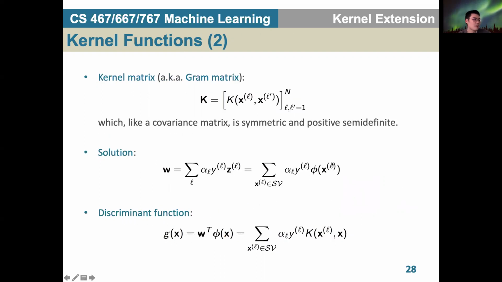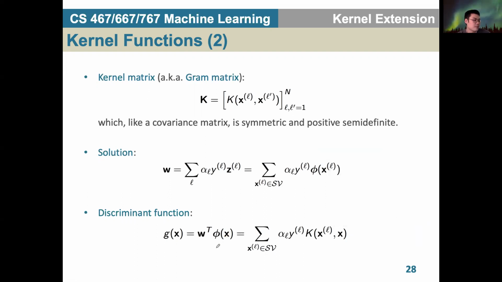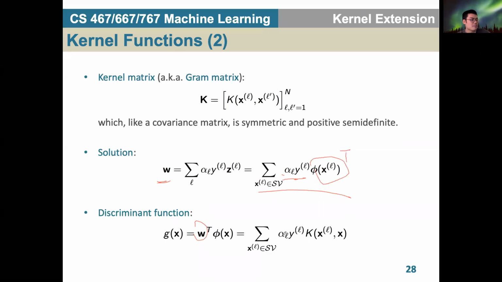The key observation here is what w is equal to. When you transpose it, only this term is a vector; these are constants, scalars. If you do this, you multiply with phi of x.